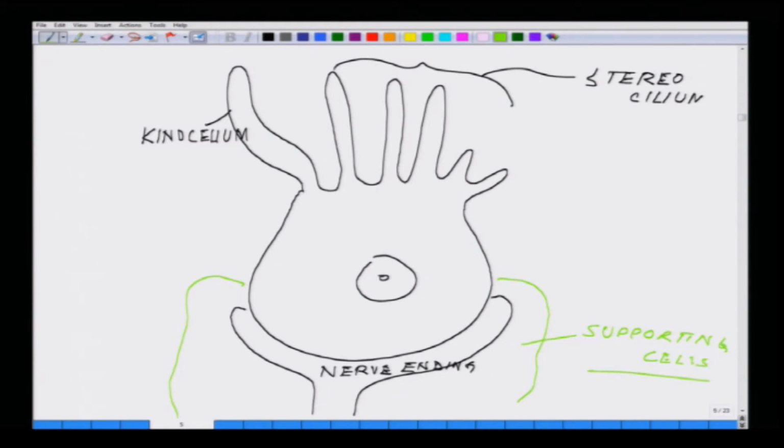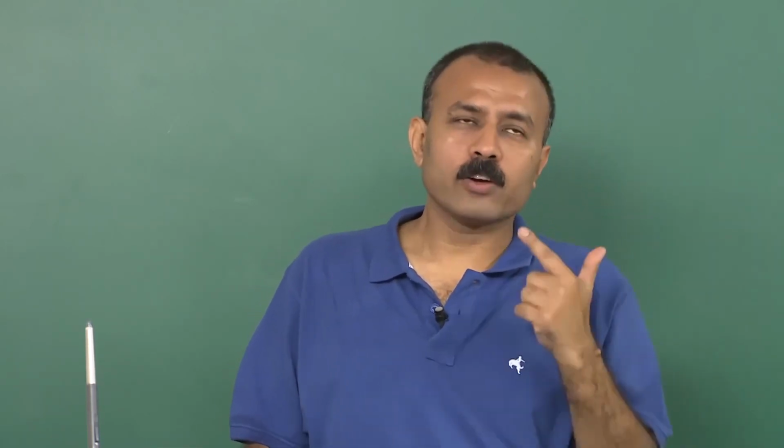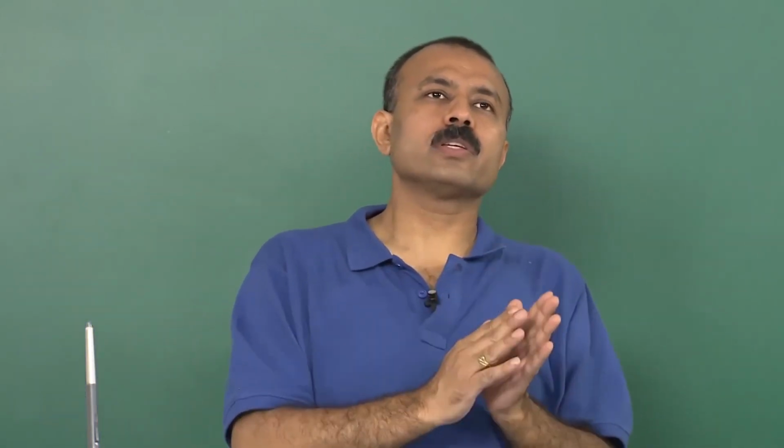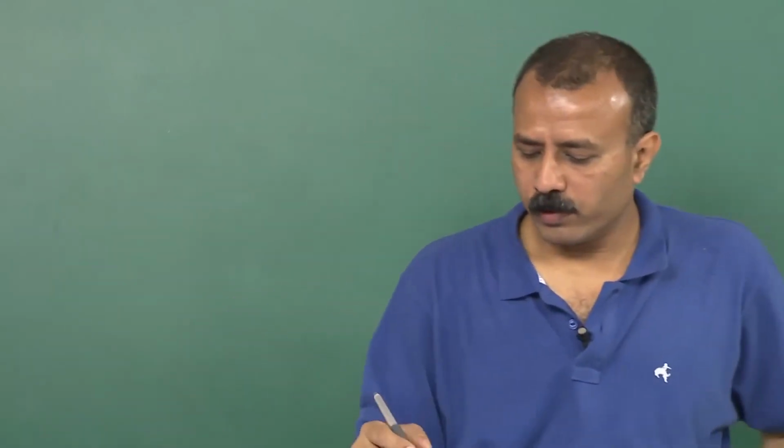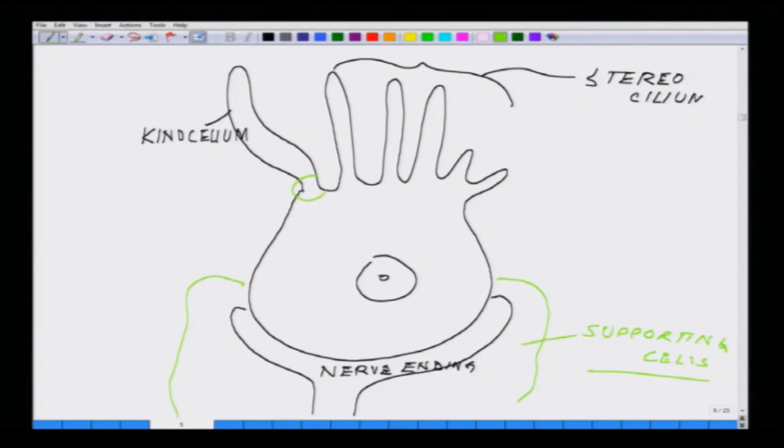Now, the most interesting feature out here are those hair-like structures, and that is why they got their name, hair cells, and do not mistake them with your hair. They are totally different. Those stereocilia and kinocilia have a very interesting feature. If you look at the tip, it is not that simple. This structure actually is something like this, narrow.